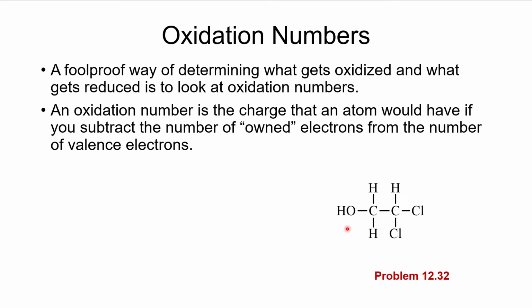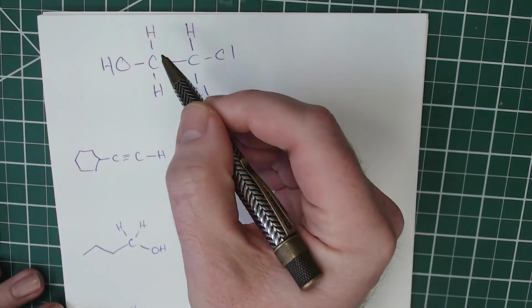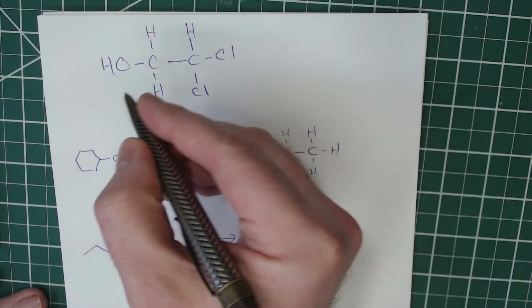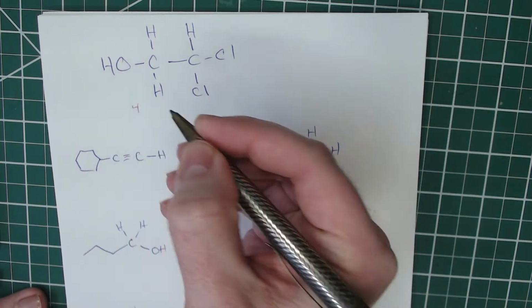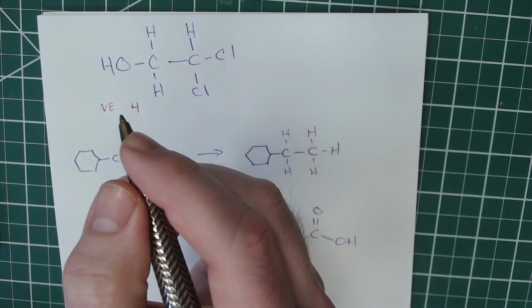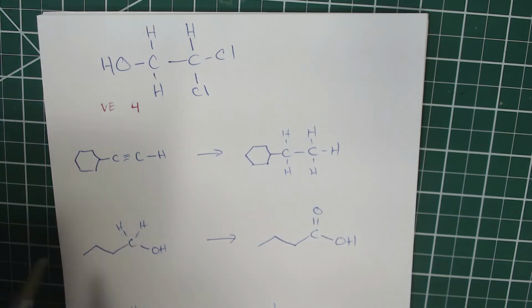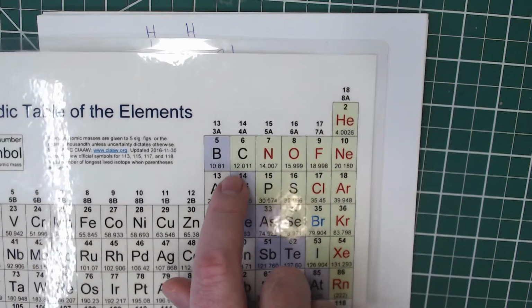As an example, before we look at number 32, we're going to look at this particular structure. I have it drawn out, and so we can determine what the oxidation state of these 2 carbon atoms are. So carbon has 4 valence electrons, so we'll put 4 to indicate the number of valence electrons. And again, the reason it has 4 valence electrons is because carbon is in group 4 of the periodic table.